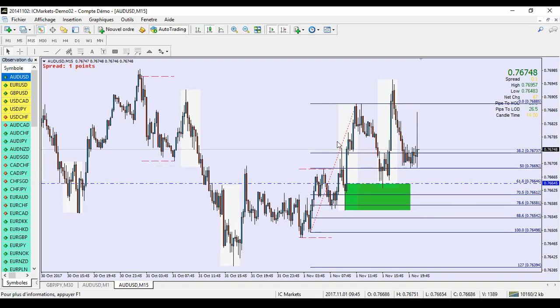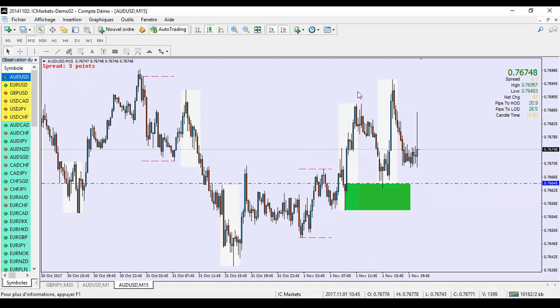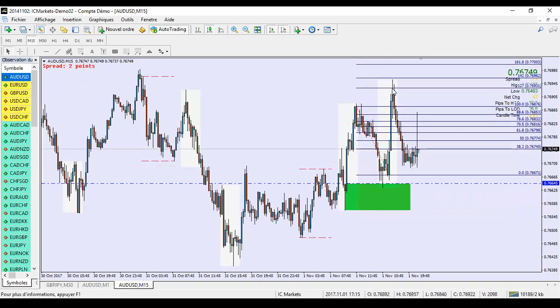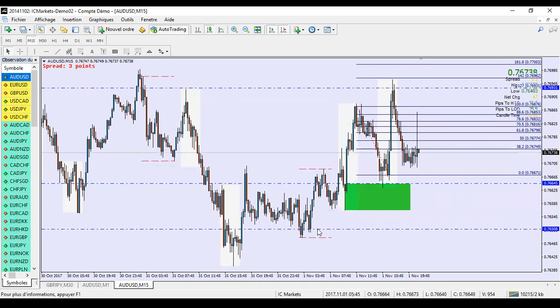So anyways, I do it the reverse way. I take the bulk of the candles this time and I search for my 127. Just here. That's my take profit. And my stop loss, of course, is the 100 of the previous block.